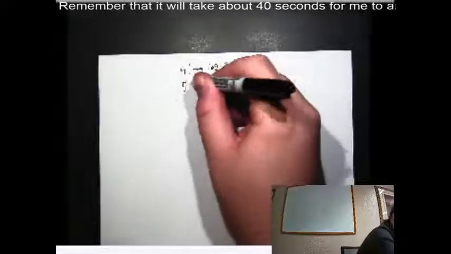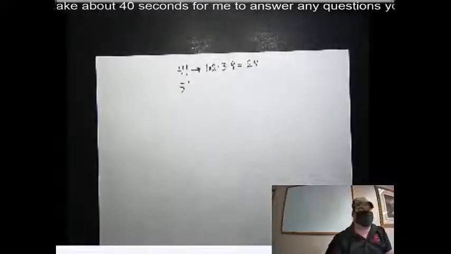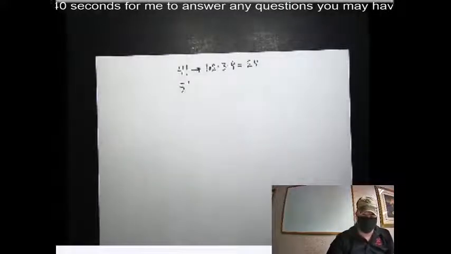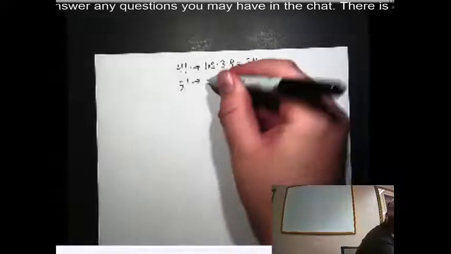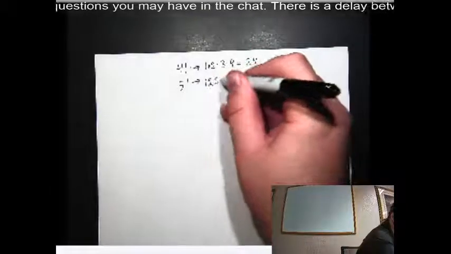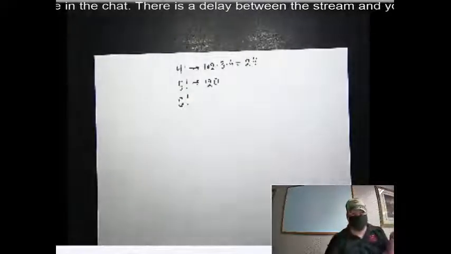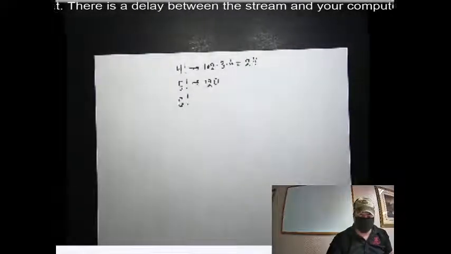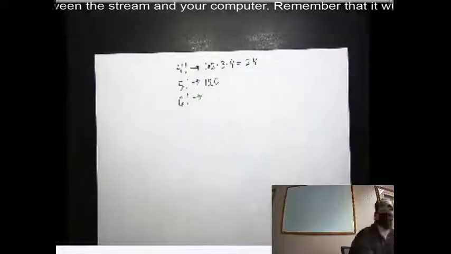Next one up, 5 factorial. It'd be 24 times 5. That's 120. 6 factorial would be 120 times 6. Think you got it?